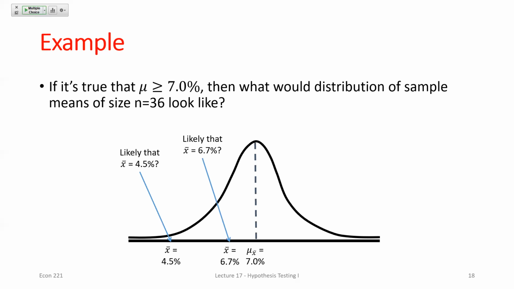So if I'm thinking about different values, right? How do I know, if I see 4.5, how likely or unlikely was that? Or if I see 6.7, how likely or unlikely was that? 8.5, so on and so forth, right? Well, if I know that my sample means are normally distributed, and I see a value of 4.5, how could I determine how likely it was for me to see this value or anything further away if this was in fact the true mean?